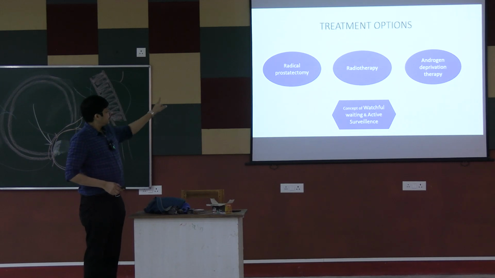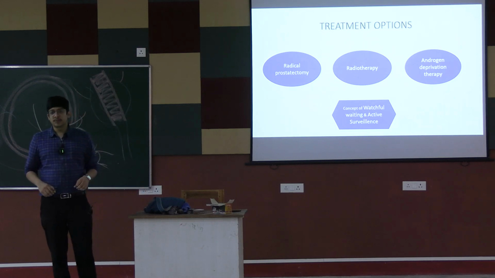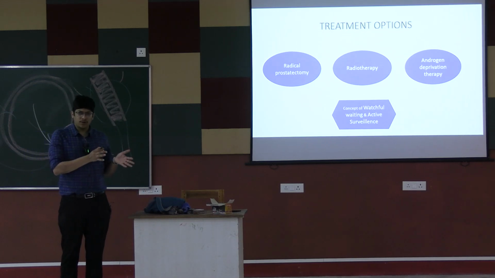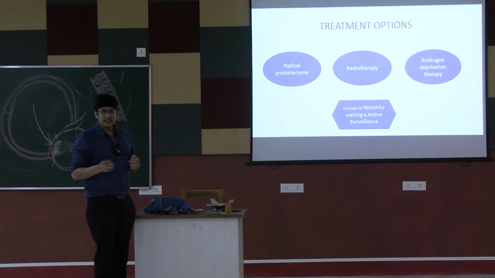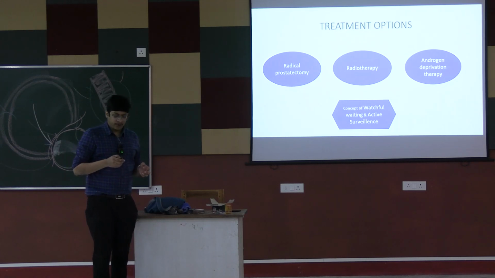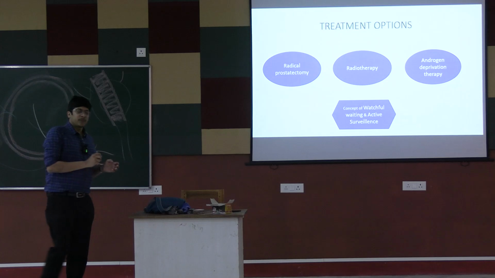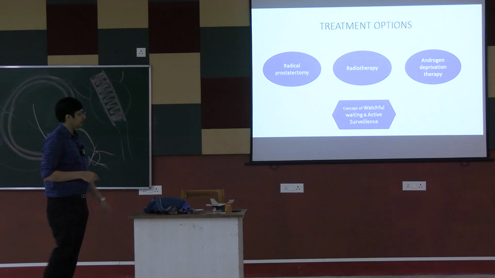Now, the above 2 treatment modalities have almost equal treatment results. The details of where to go for what is actually beyond your scope, but still a younger patient with a longer lifespan, we usually promote to opt for radical surgery, whereas slightly elderly age group or lesser expectancy of life, we tend to go with radiotherapy.